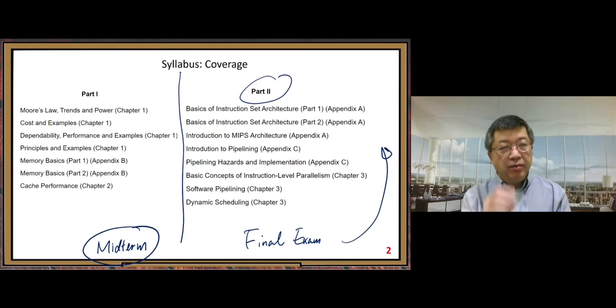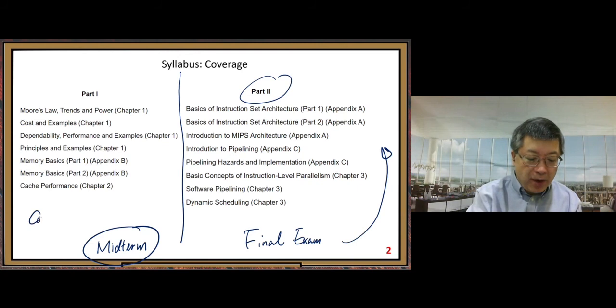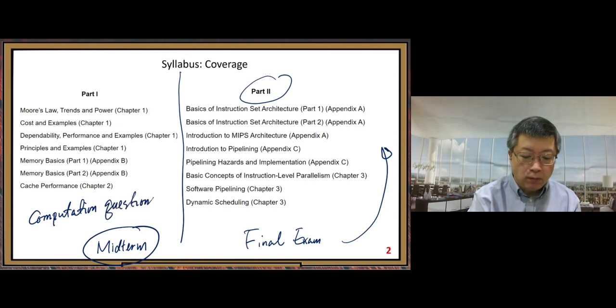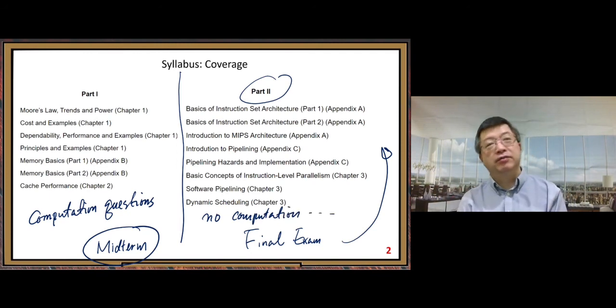Another thing: in Part 1, you have many computation questions. In Part 2, no computation questions. That's the main difference.